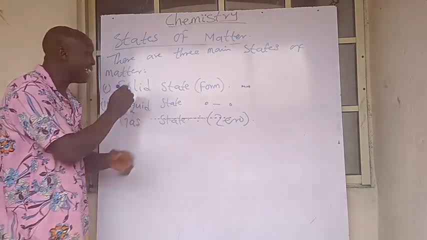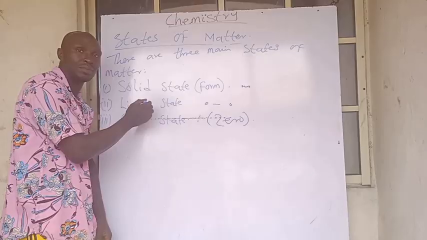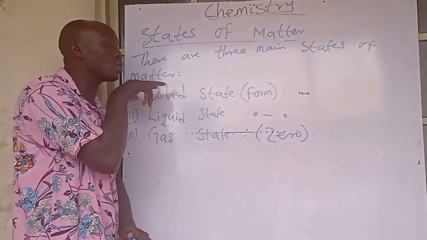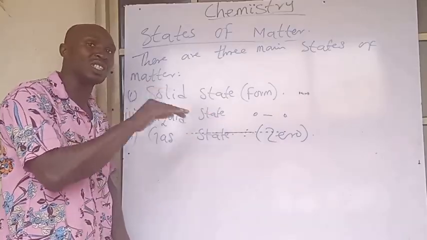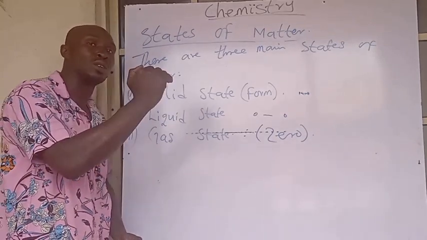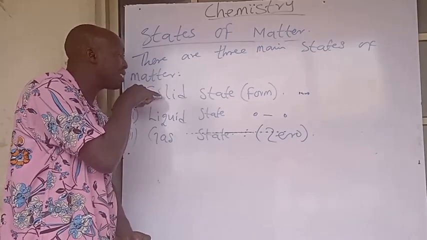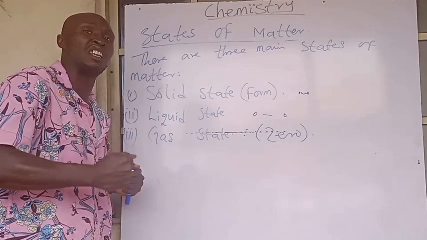But remember, they can be changed from one state to another. A solid can remain solid at a particular temperature and pressure. Once its temperature has been taken to a certain level, the atoms of this solid begin to gain enough energy.